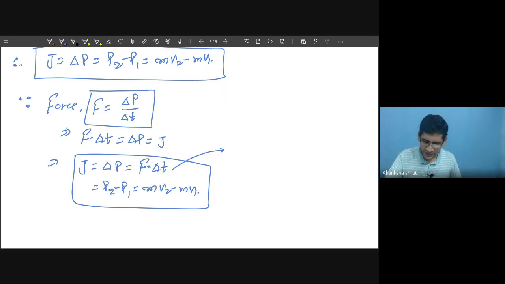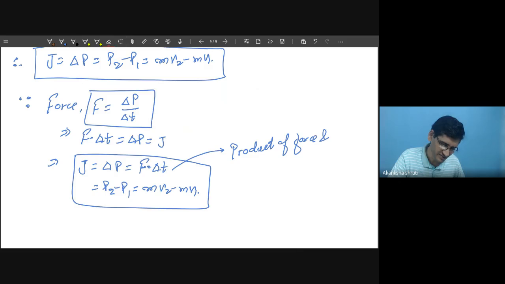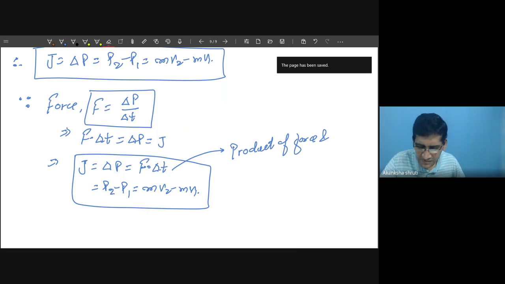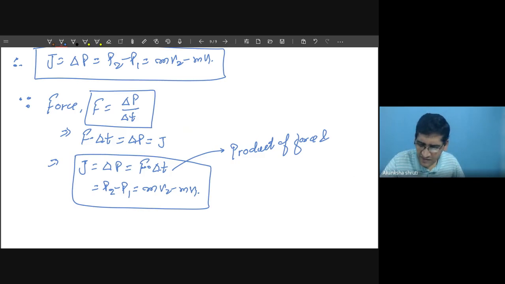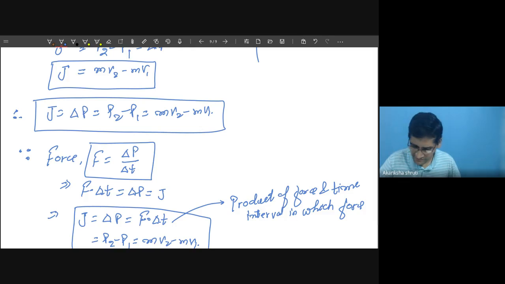So this impulse is also defined as the product of force and time interval for applying this force, the time interval in which force is applied.